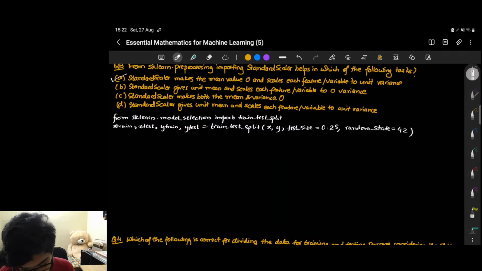So I'm just writing down the syntax. This StandardScaler would be from sklearn. It is in the sklearn package, so sklearn.preprocessing. From this, you will import StandardScaler.